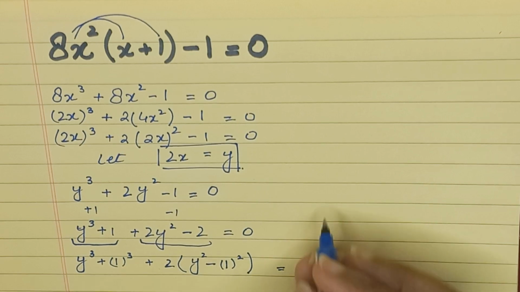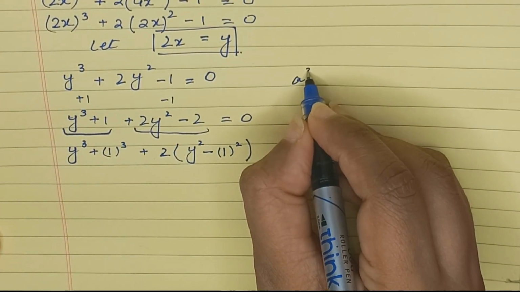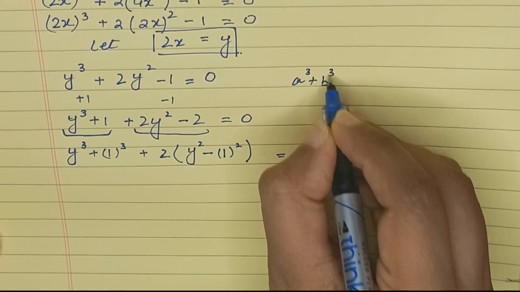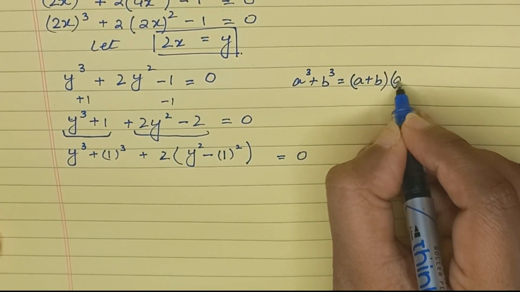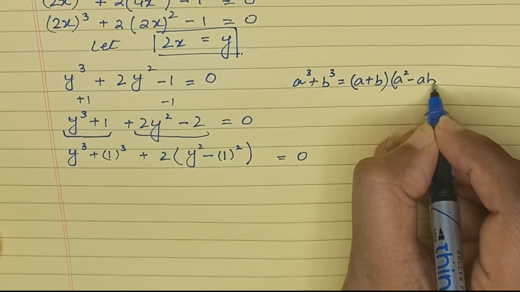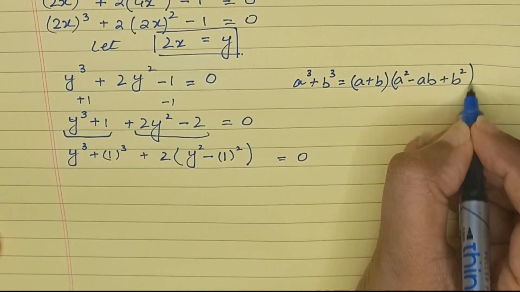So as we know, a cube plus b cube is equal to (a plus b) into (a square minus ab plus b square).